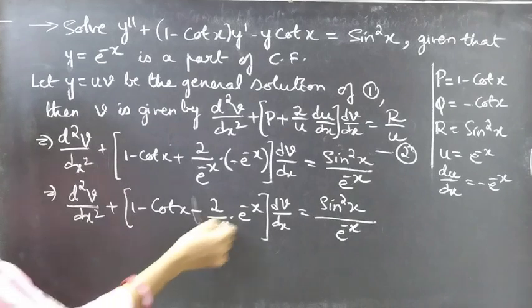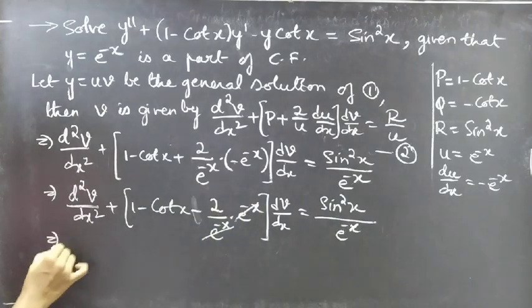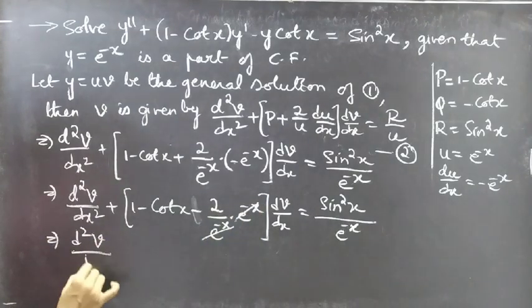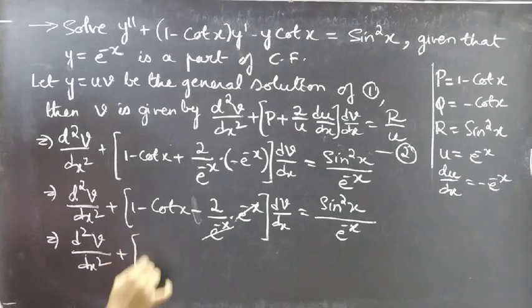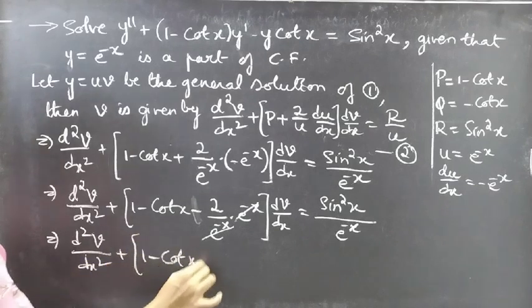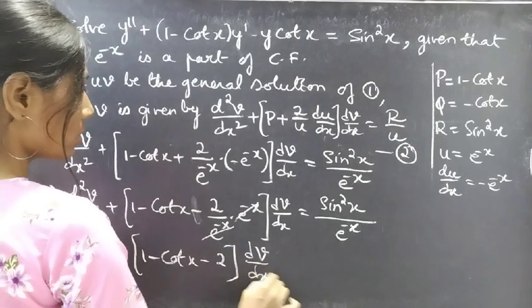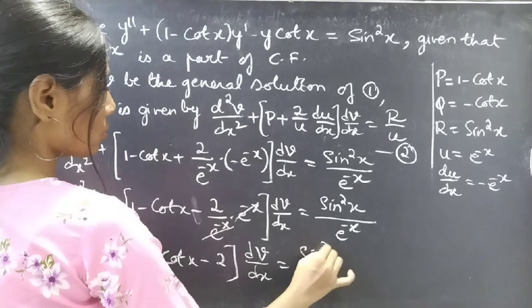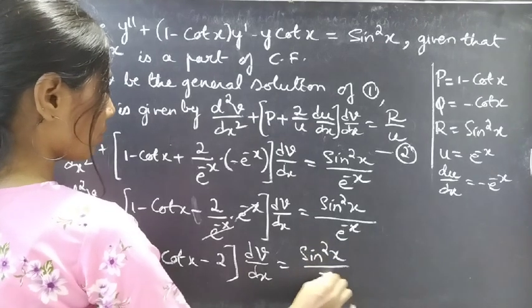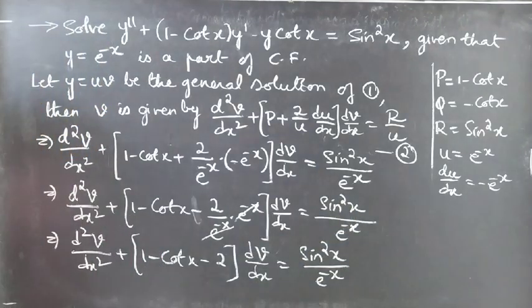Okay, so here e power minus x gets cancelled and we'll get d square v by dx square plus (1 minus cot x minus 2) into dv by dx equal to sine square x by e power minus x.